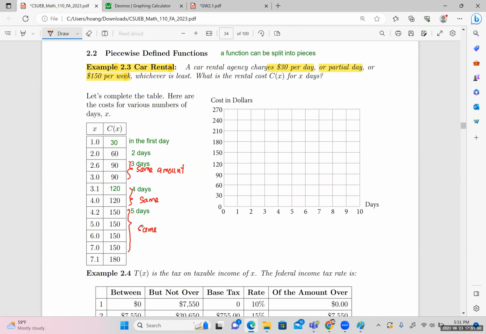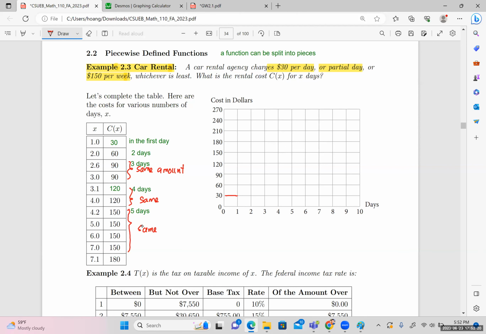And then it keeps going to the next week. So it's not just a line as before. It could be split. Between 0 and 1 I have to pay $30, right?